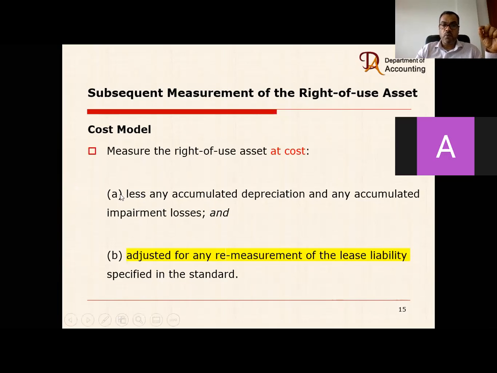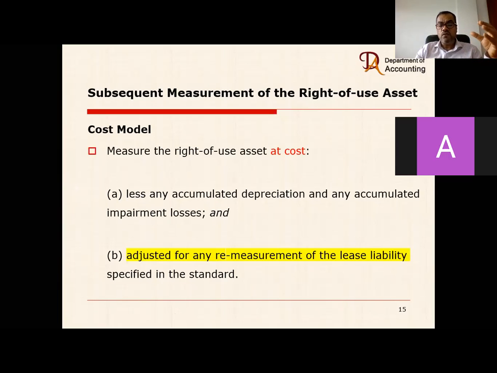So again, points A and B: in the subsequent measure, of course, you need to bring down your value by the amount of accumulated depreciation and accumulated impairment loss, which are common and embedded things.